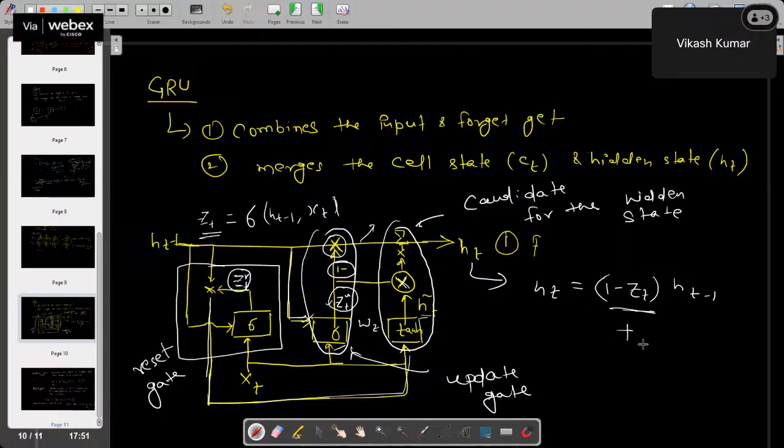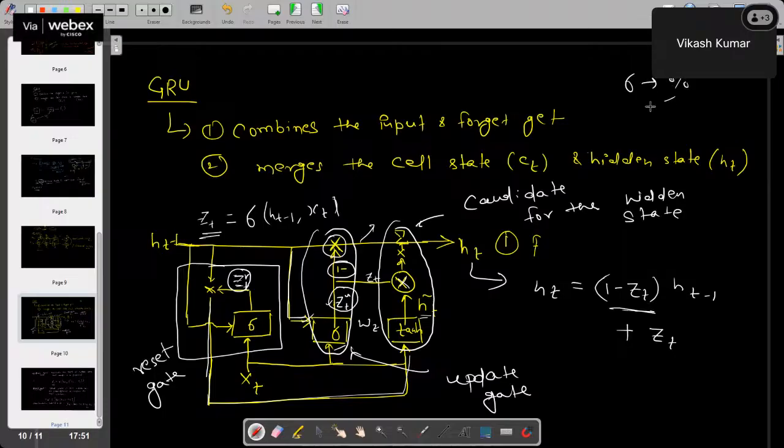If 1 minus zt has gone there, it will be zt here. So the whole information content should be equal to, it is a fraction; it gives us the percentage.